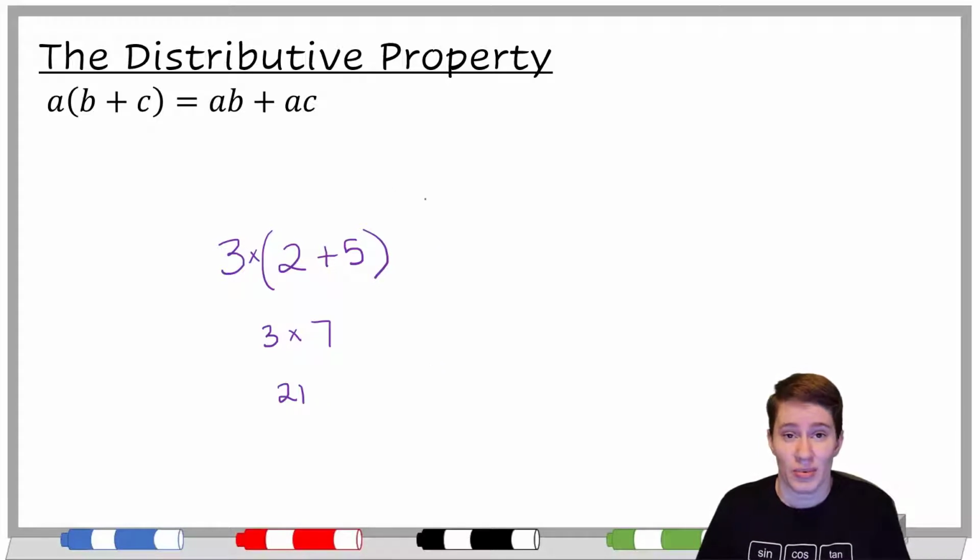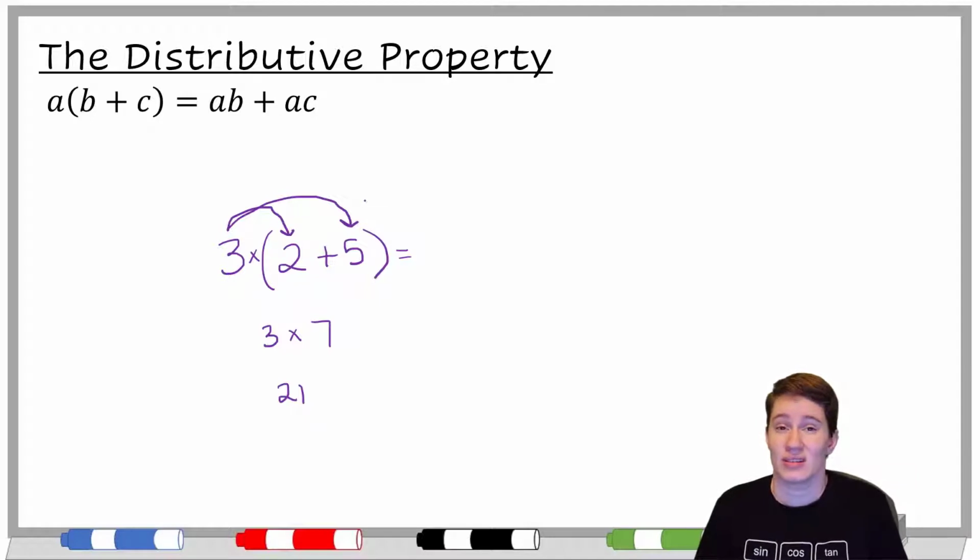But the distributive property has another way that we could go about this. The distributive property says that if I have something outside of a parentheses that I'm multiplying by, and inside is addition or subtraction, we can distribute the number outside to the 2 or more things that are inside, and that will get the same answer.